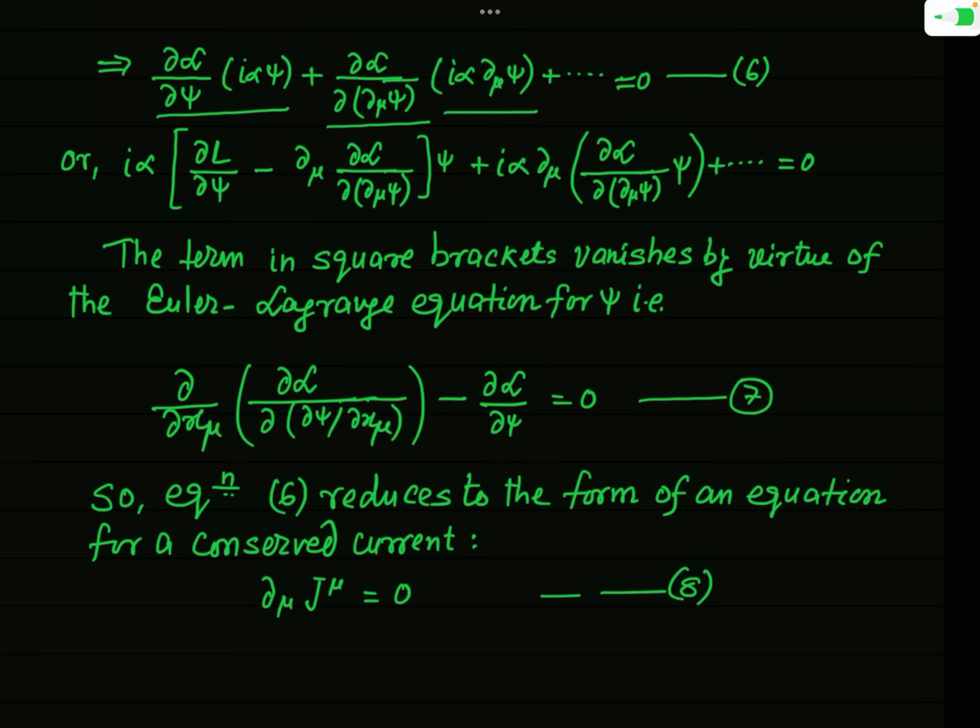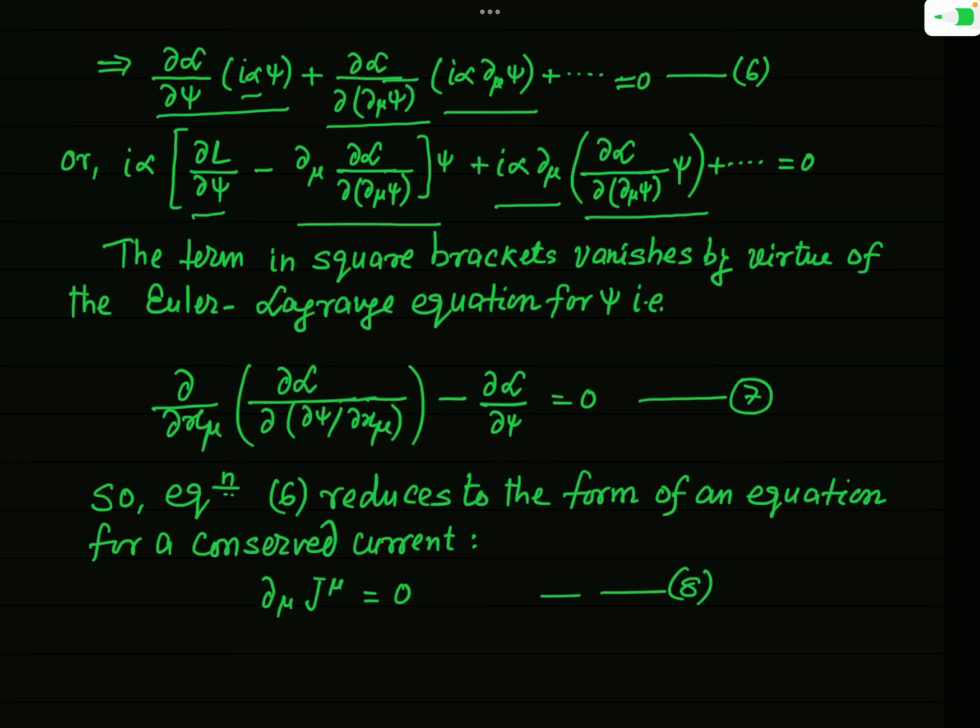Now when we take this i alpha as a common factor, this expression will be i alpha times [del L by del psi minus del mu del L by del mu psi] plus i alpha del mu [del L by del mu psi times psi], and that is equal to 0.